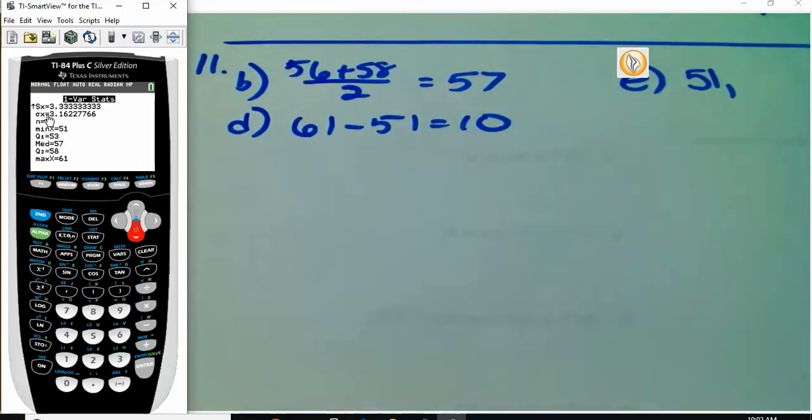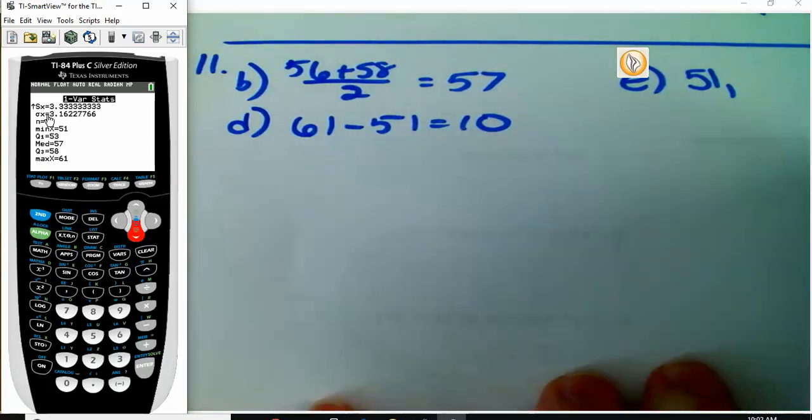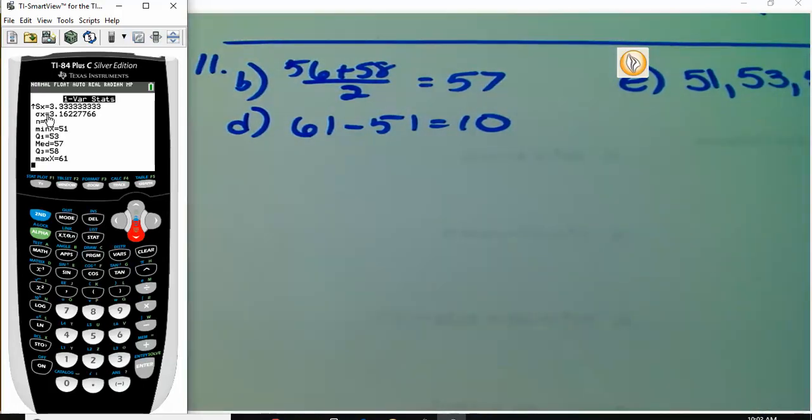Or if you're looking on your calculator, it tells you. So that's 53. Quartile 2 is the same as your median, which was 57. Quartile 3, you can get it from the calculator, or it's just the median of the upper half, which is 58, and our highest was 61.